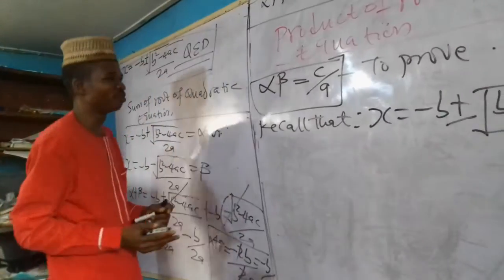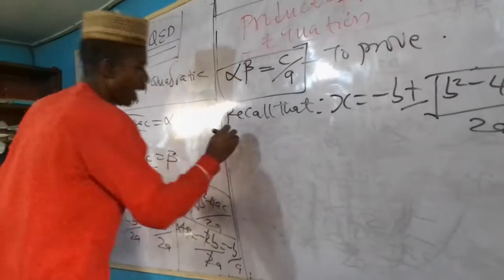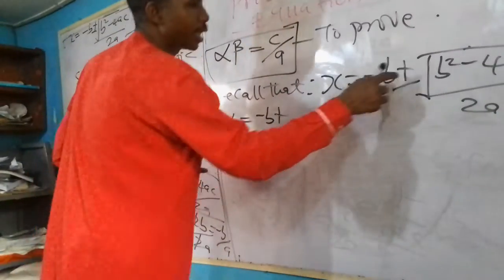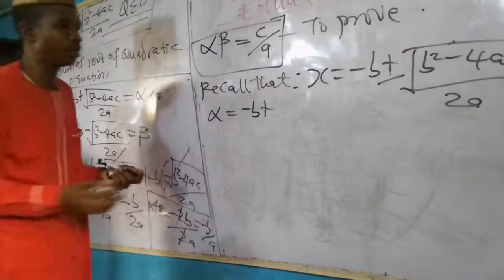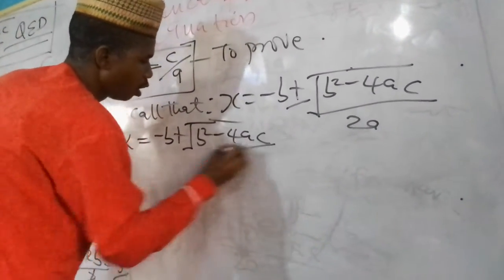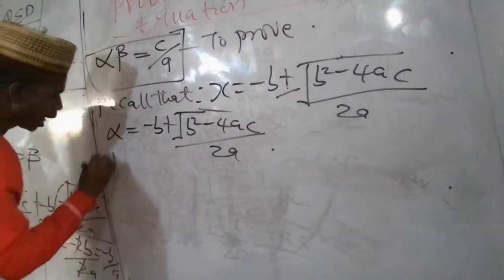In this case, then it means that our alpha is equal to what? That is minus b plus, we are taking the positive first before we take the negative, plus square root of b squared minus 4ac all over 2a. Then we are going to take beta.